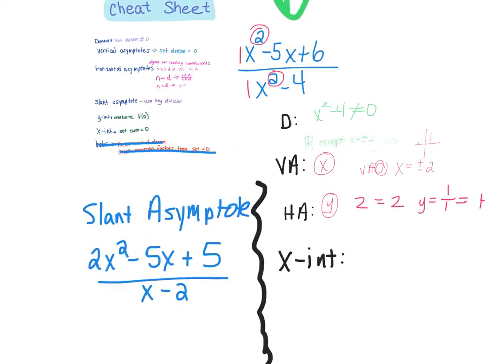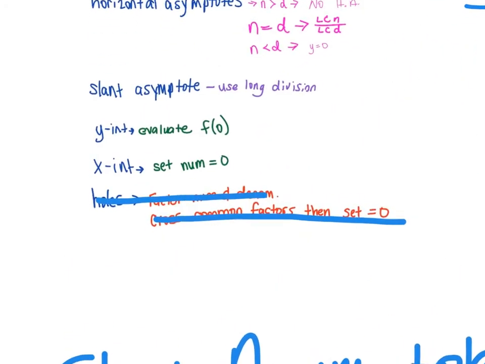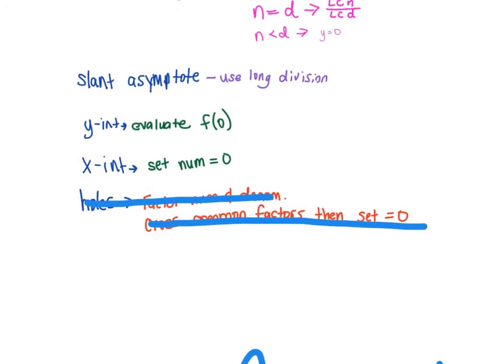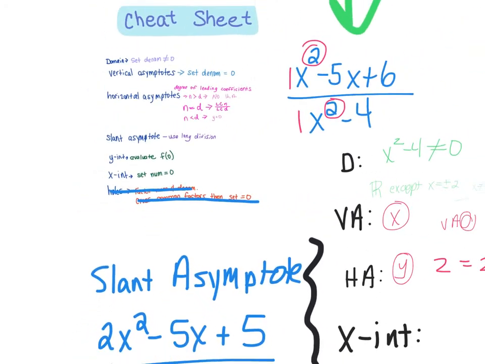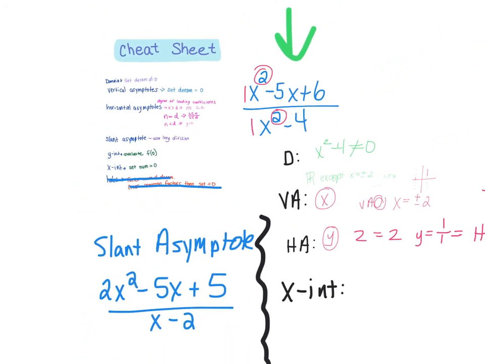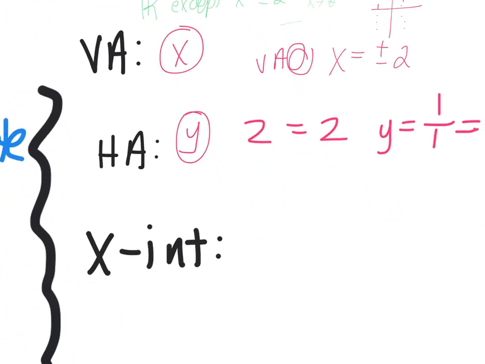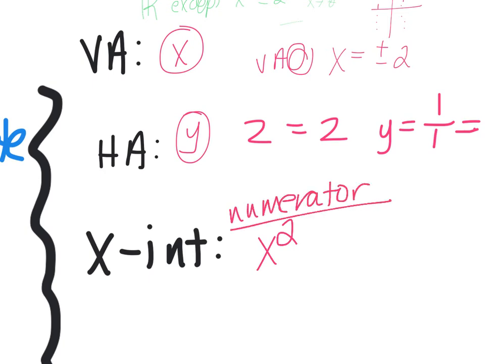All right, x-intercepts. How do you find the x-intercept? The numerator. We've been looking at the denominator the whole time, but for x-intercepts, you look at the numerator. So what is my numerator? X squared minus 5x plus 6 set equal to 0.